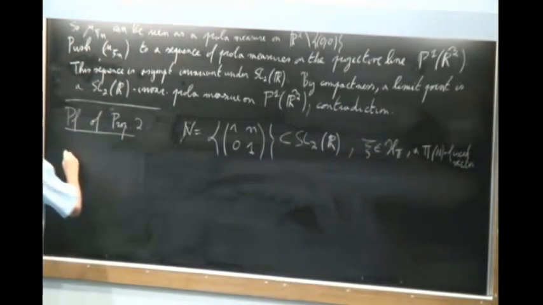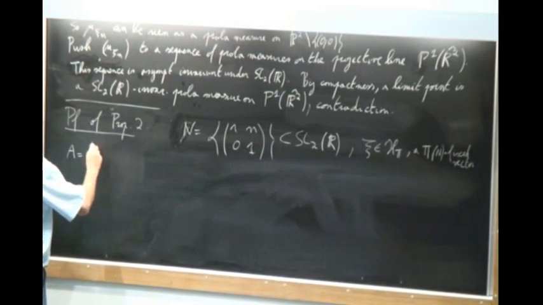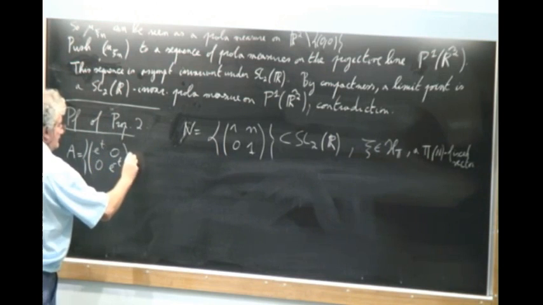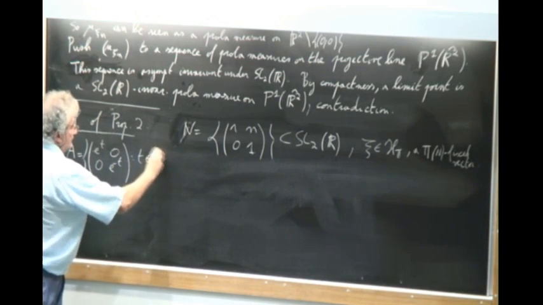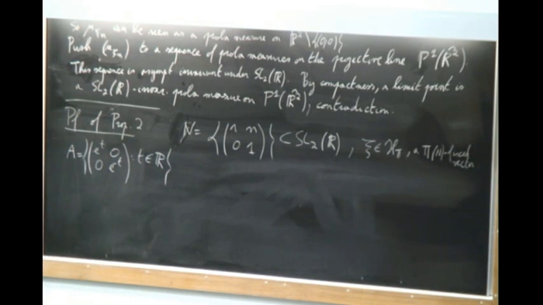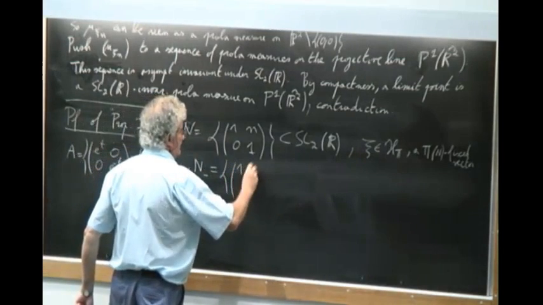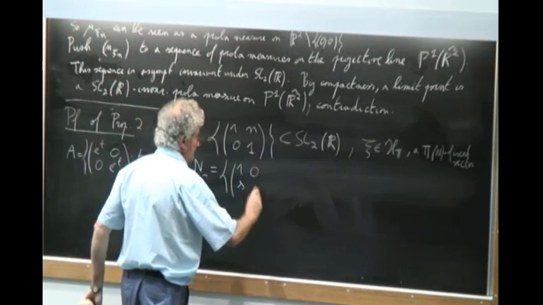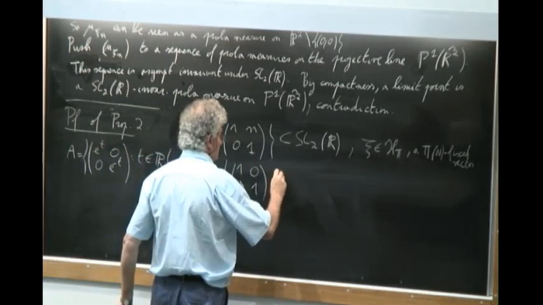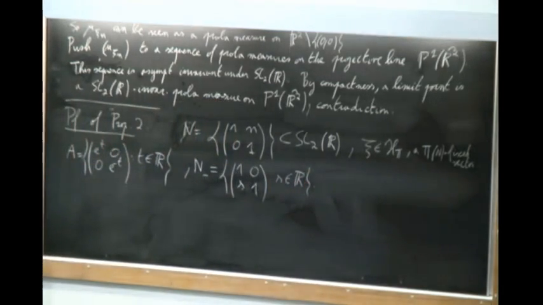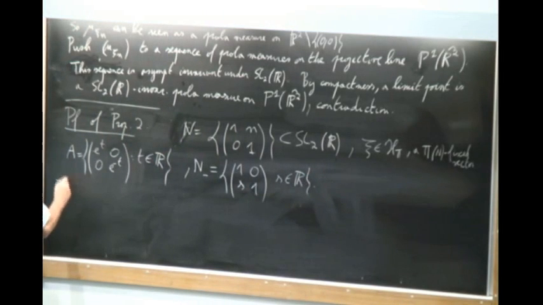So, introduce two more subgroups. First, the diagonal subgroup. And then the lower unipotent subgroup.